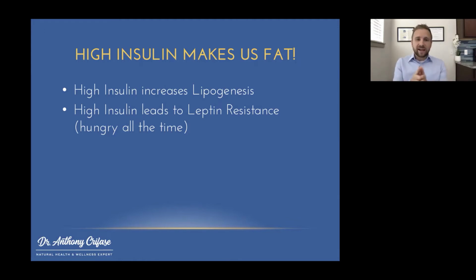Over time, high insulin starts decreasing that leptin sensitivity, another hormone. And so what it does is now leptin is not telling your brain, I'm not hungry anymore. Leptin's not working. So you just keep eating and eating and eating. So you're hungry all the time. You're never getting full. And again, more lipogenesis, more high blood sugar, more high insulin. You see how this is a big revolving circle that needs to be broken.